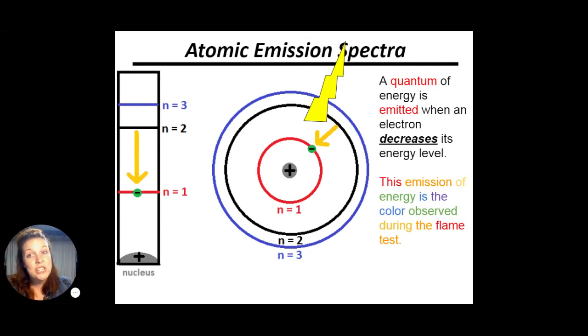So release of energy or emission of energy from an atom is what produces the colored flames that we observe during the flame test. So it's important to note that during your flame test, you are not burning chemicals. You are heating up those salts, exciting electrons, and when the electrons relax, that's when energy is released in the form of colored flames.